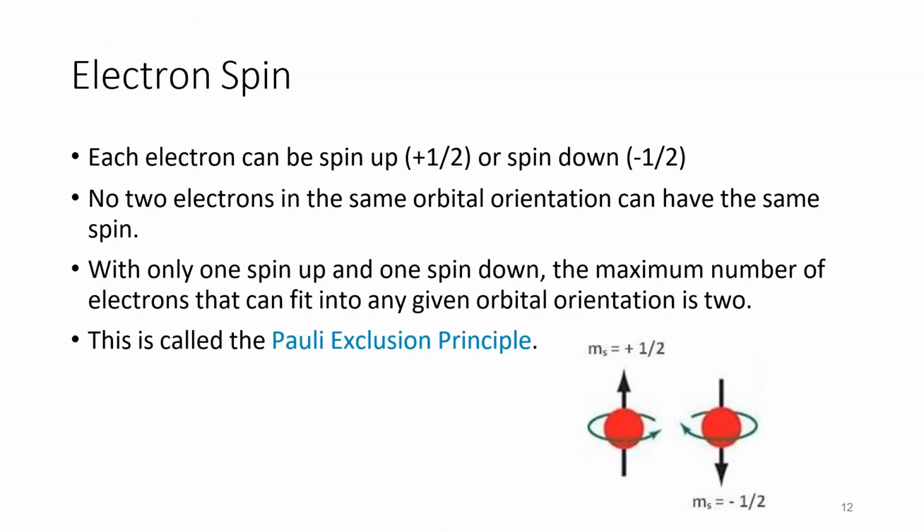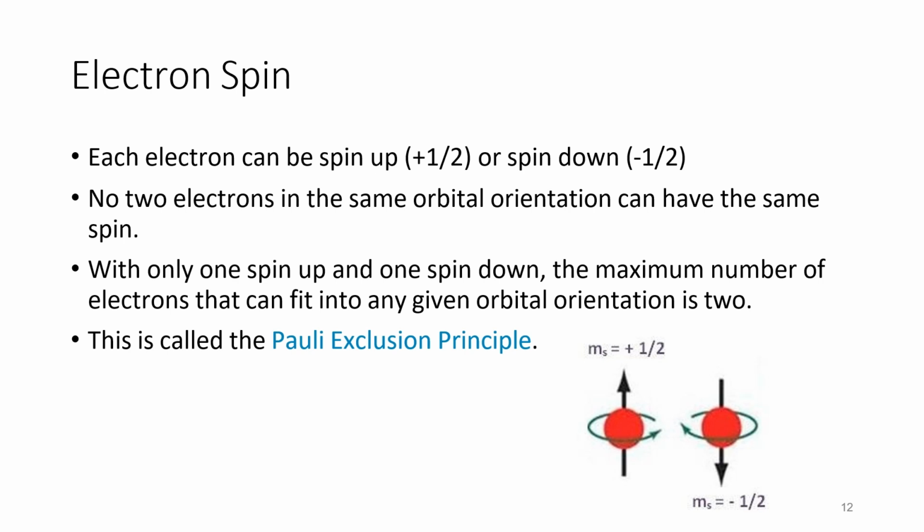Now let's talk about how electrons behave inside a single orbital. It is called electron spin. Every electron behaves like a tiny magnet spinning on its own axis.